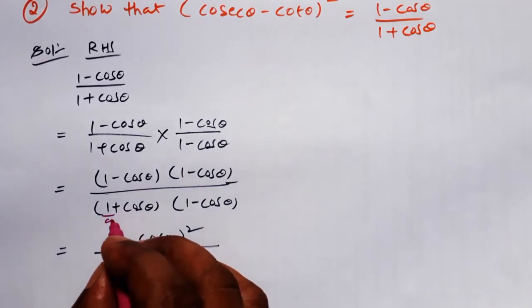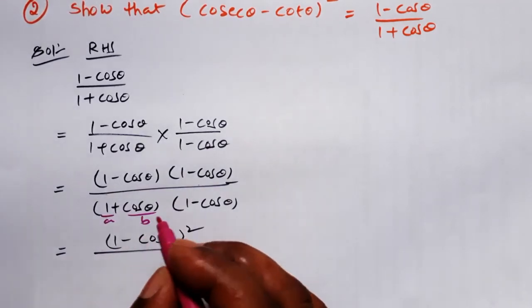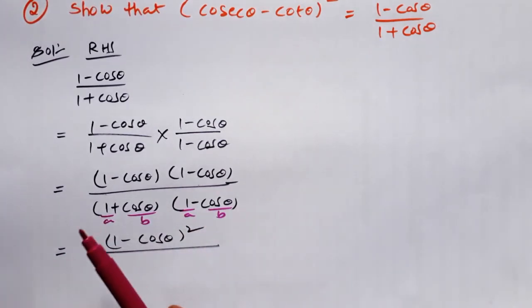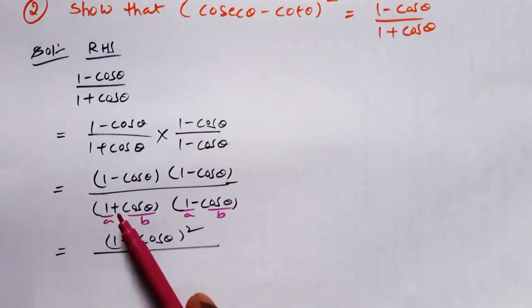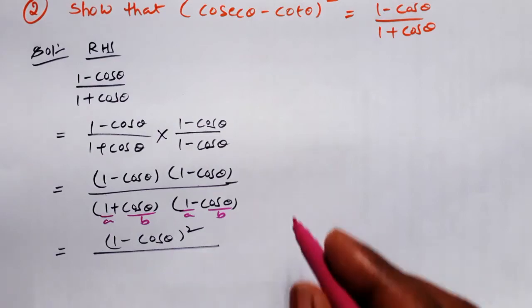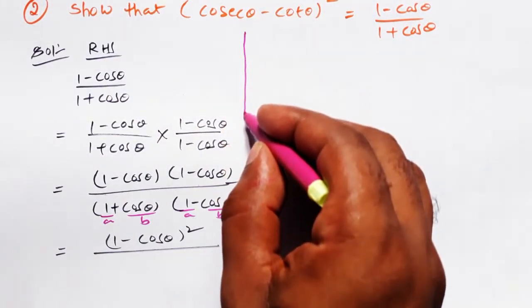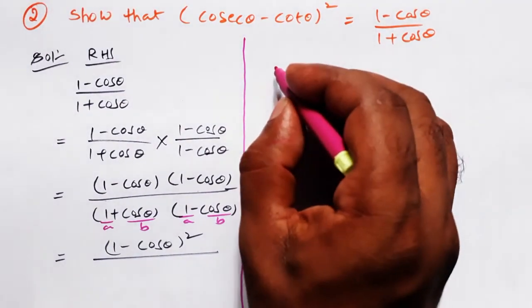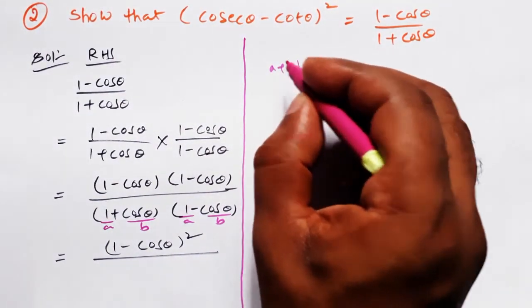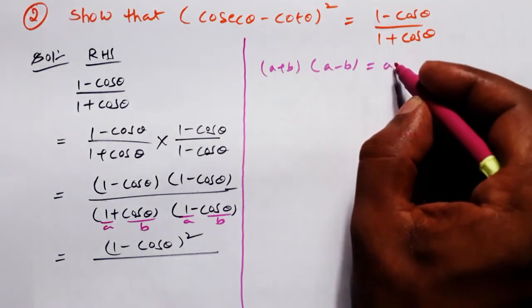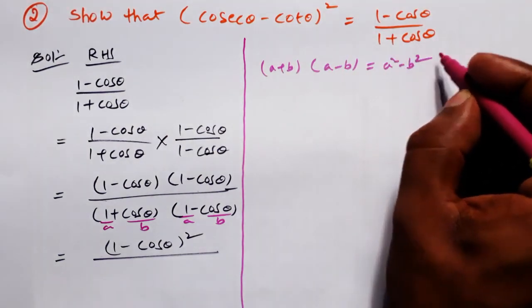This is A, B, A, B. It is looking like A plus B into A minus B. So formula, here I will write formula. A plus B into A minus B. What is the answer? A square minus B square.